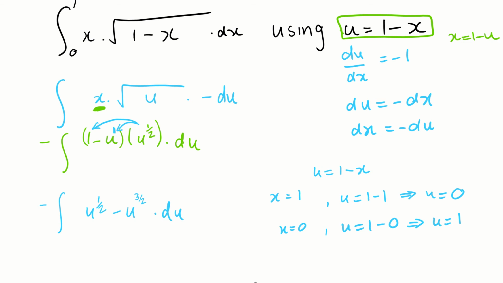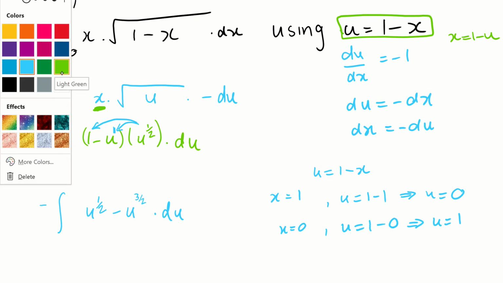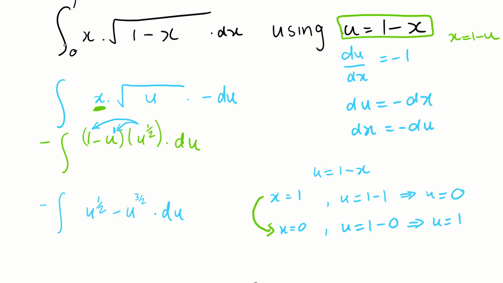Now notice here, and really look at this. My bigger bound and my smaller bound are the other way around when I subbed it in. So now my bigger bound is this one, my smaller bound is this one. I like to have the bigger bound on the top of the integral, but I can't just put 1 and 0 without any kind of repercussions.